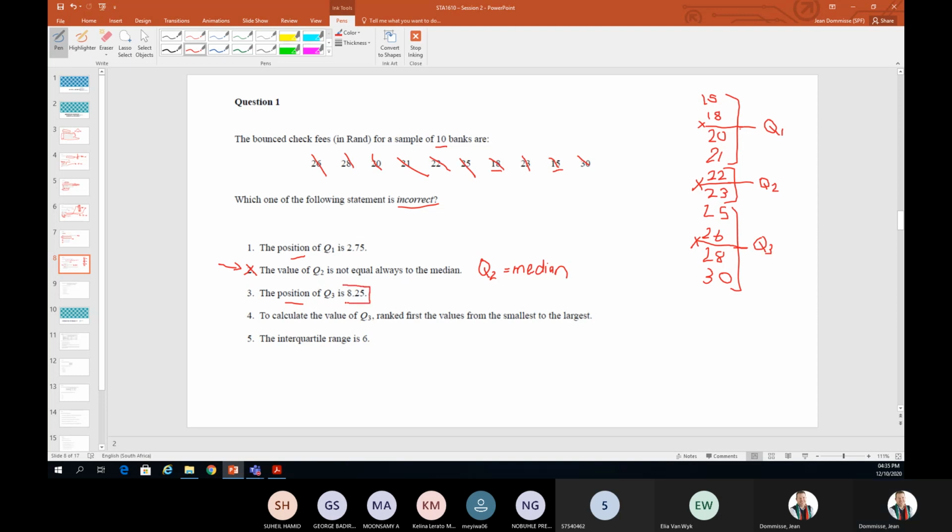So how we get to these numbers: for Q1, it is n plus 1, divided by 4. n is 10, so it will be 11, 11 divided by 4. And 11 divided by 4 is 2.75.